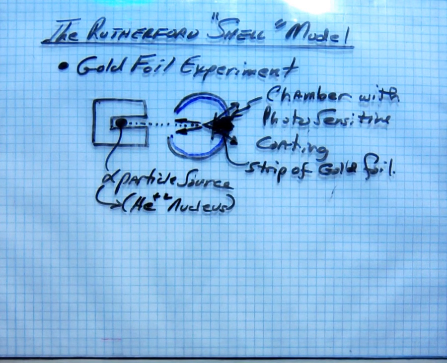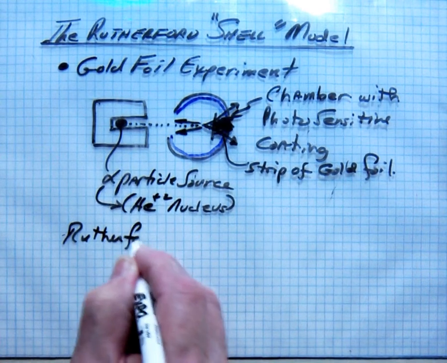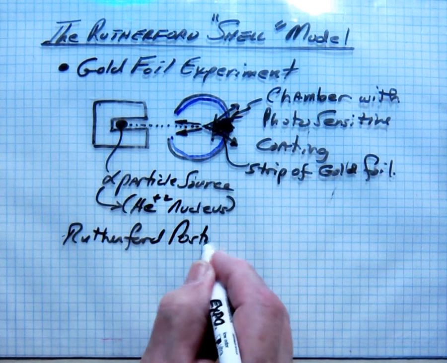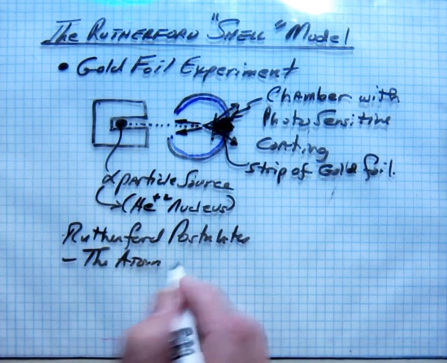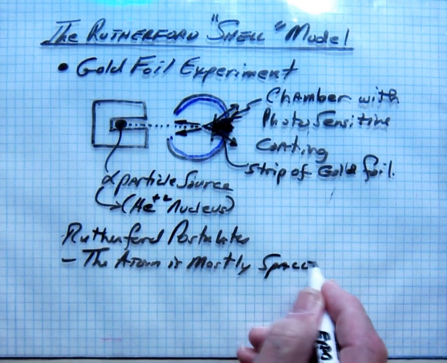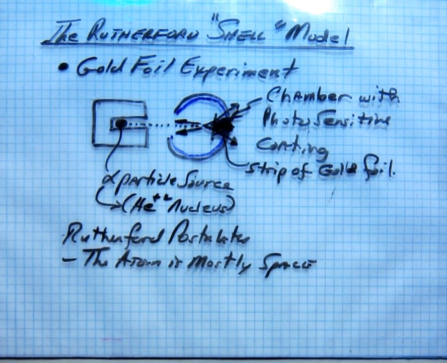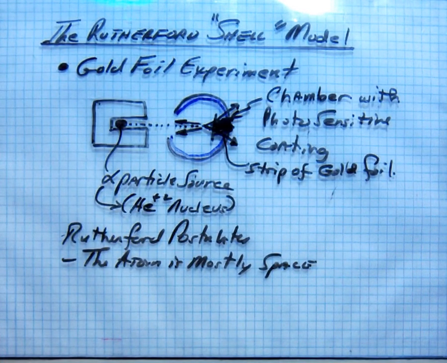The conclusions that he drew from the experiment: one, the atom is mostly space, which we've already talked about. So these are Rutherford's postulates. These are also written down for you for your review, in your outline, second page over or so, and you can follow me through these.